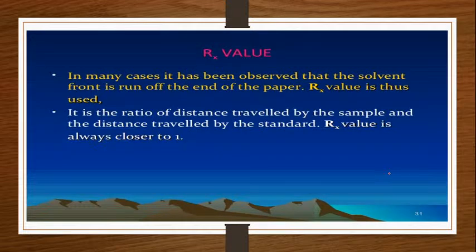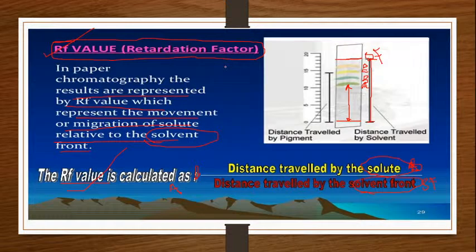Then there is another value called the Rx value. Suppose you are unable to concentrate and you need to cut down the development at 70% distance. As soon as the solvent runs 70%, you just have to remove the paper.